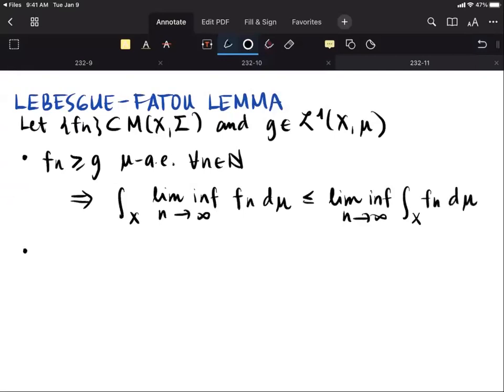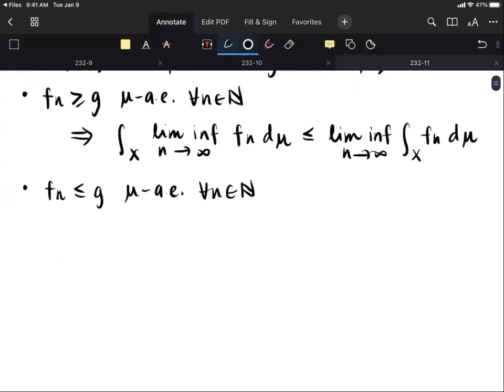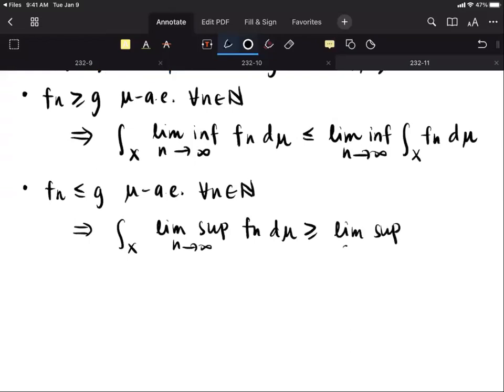On the other hand, if f sub n is bounded from above by the integrable function g almost everywhere for any n, then instead of the limit inferior, we have the limit superior. And the inequality is now reversed.